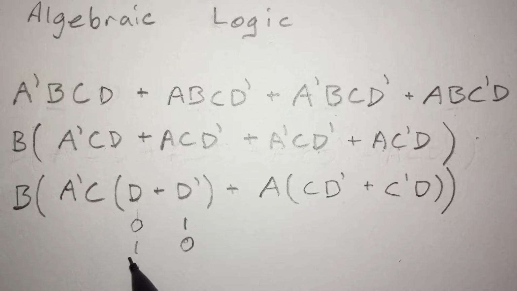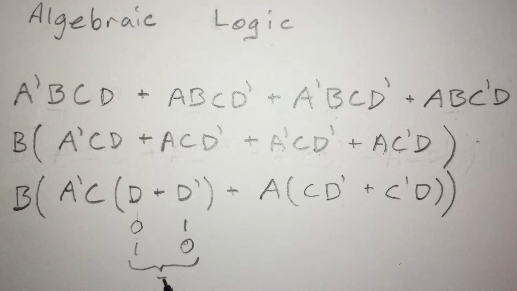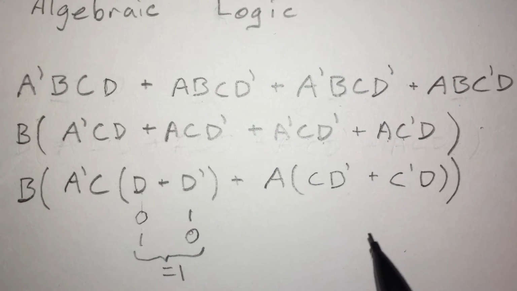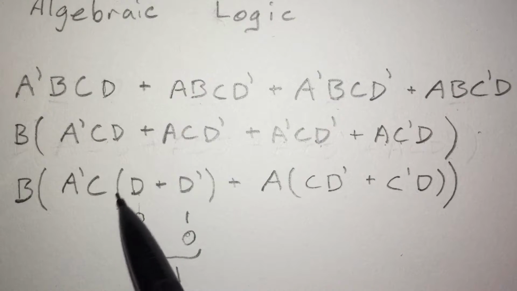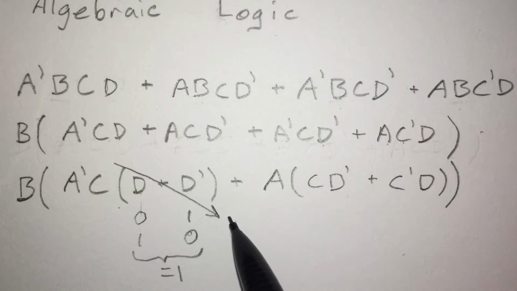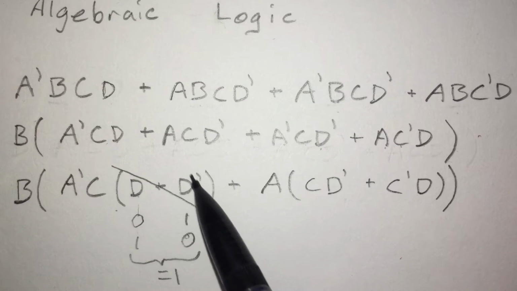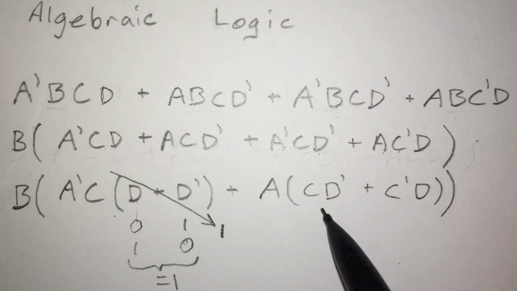But either way you twist it, it's always going to be 1. So, in fact, this whole term can be reduced to 1, which means it's always true. You can actually disregard this whole thing and just leave it out, and I'll show that in a minute.